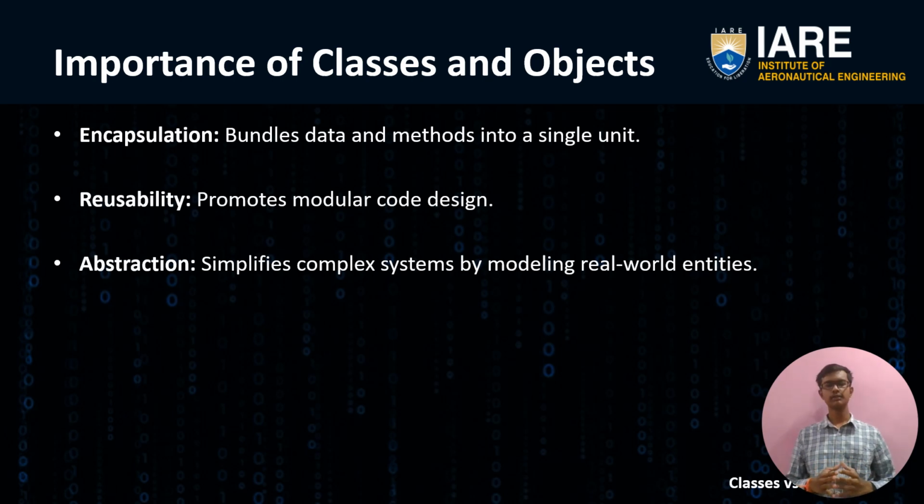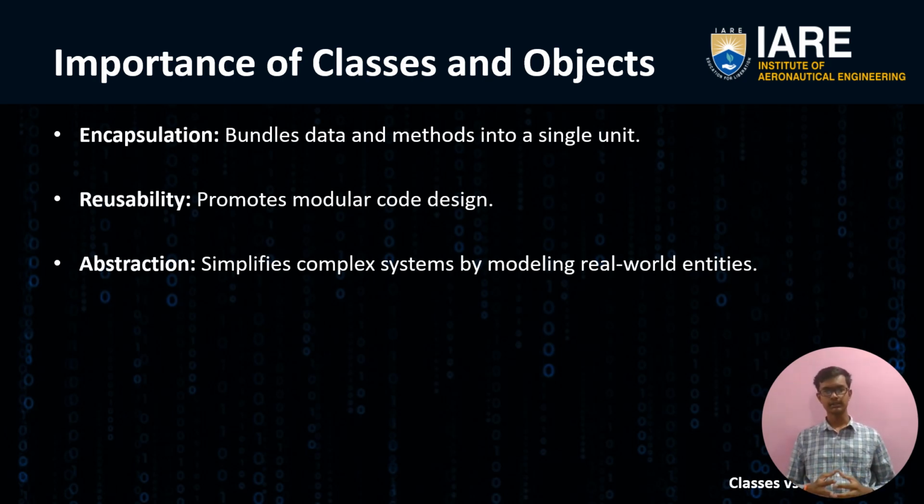Now let's talk about the importance of classes and objects. In encapsulation, the bundling of data and methods into a single unit is possible through classes, as we all know. And after that, reusability. To promote modular code design, the concept of classes and objects is very vital.